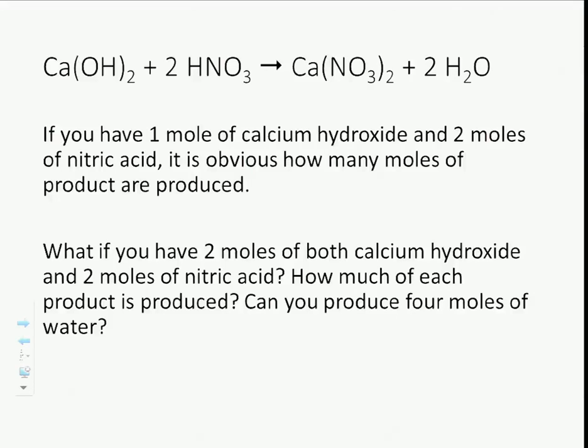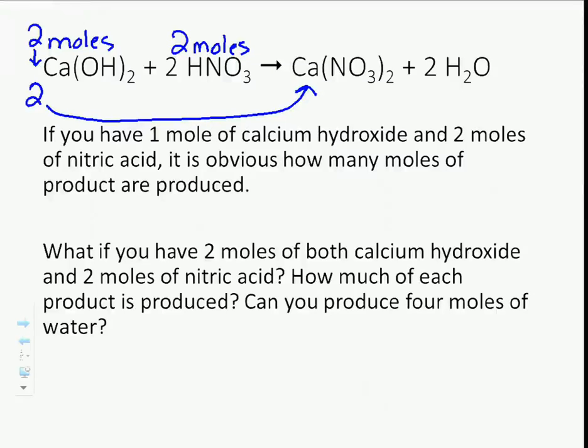Because the thing here is if you start out with 2 moles of calcium hydroxide, that doesn't change your coefficient. You just simply have 2 moles present. You then have 2 moles of your nitric. So if you just have 1 mole of calcium hydroxide, it's going to produce 1 mole of calcium nitrate. If you have 2 moles of nitric, you're producing 2 moles of calcium nitrate. Let's say you've got 2 moles of calcium hydroxide here.